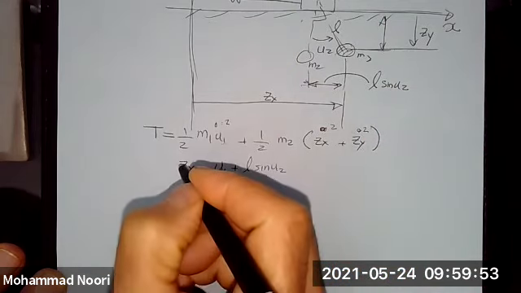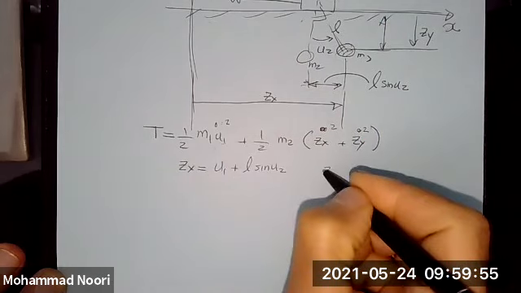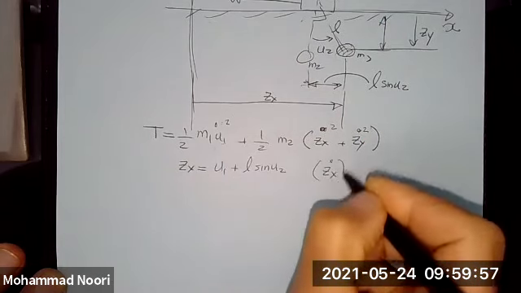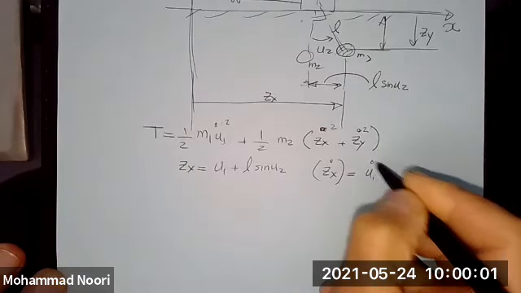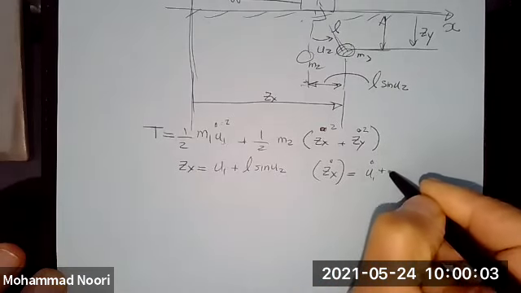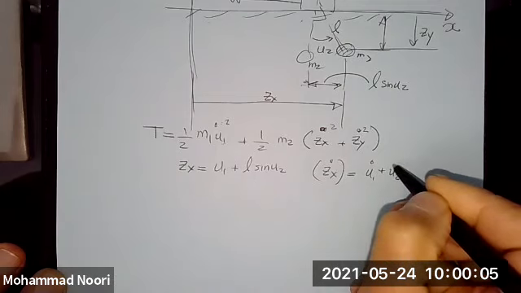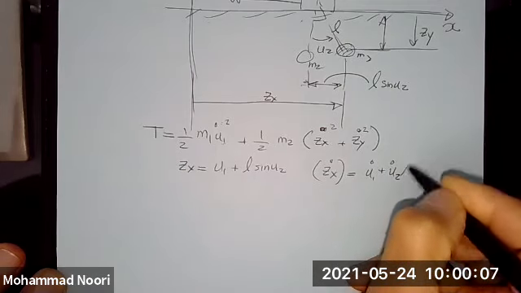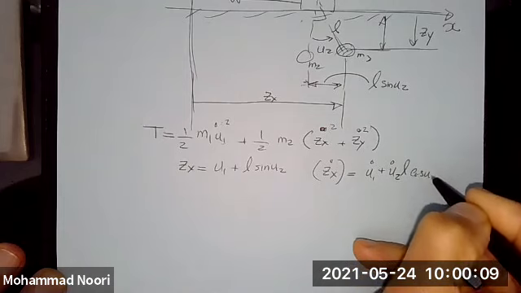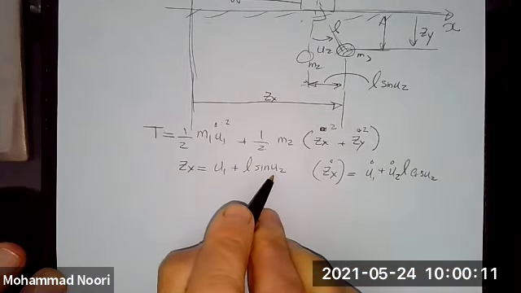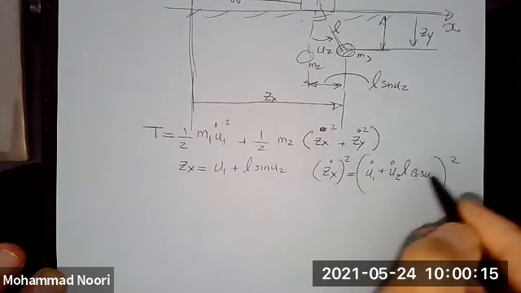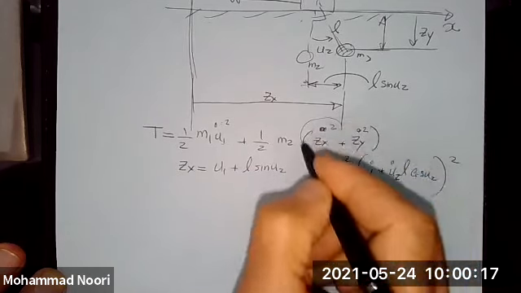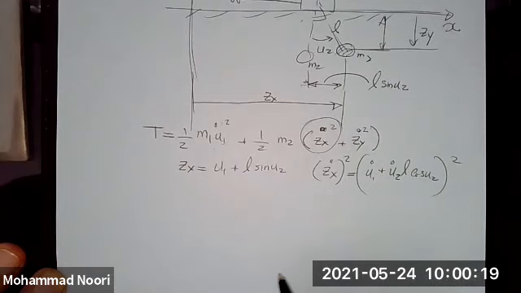So Zx dot would be the derivative of this. So it would be U1 dot plus U2 dot L cosine of U2. U2 is a time variable, right? So the square of this is what I need for this term, right?